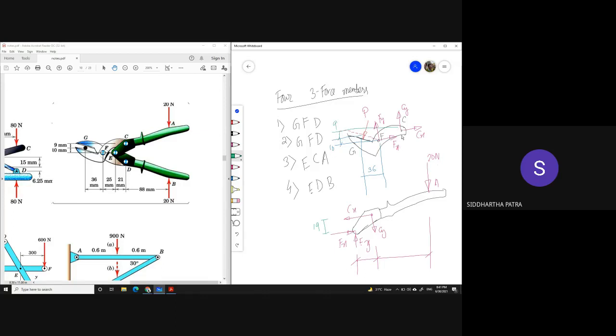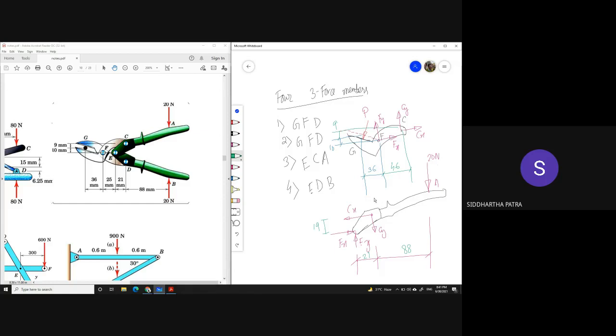So all those components are important. Between F and C, it is 25 plus 21, total of 46. Between E and C, that is only 21. And between C and A horizontally, that is 88. Of course, you do not need the y coordinate of A, because the force at A is vertical. See, all the dimensions are there only to calculate moment.